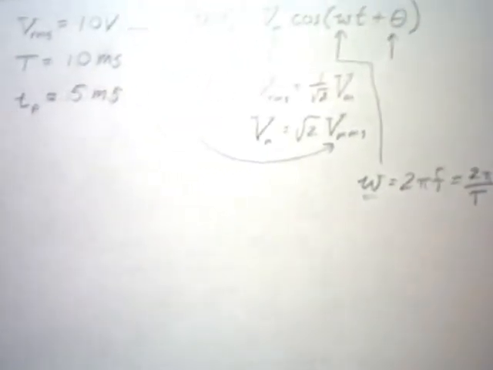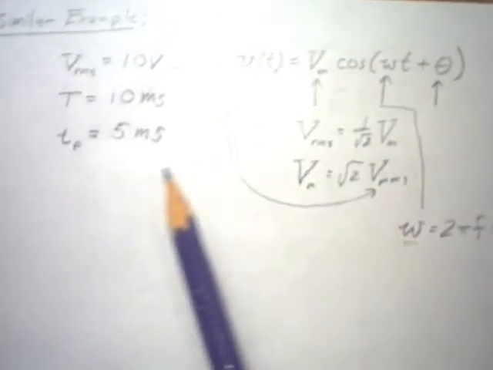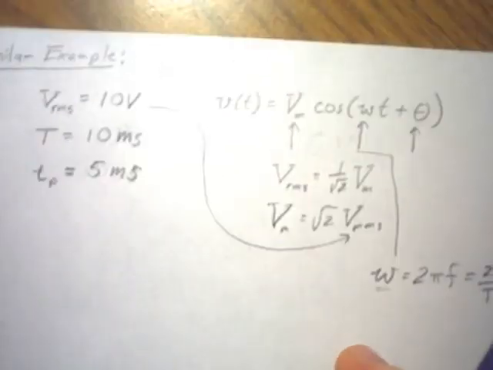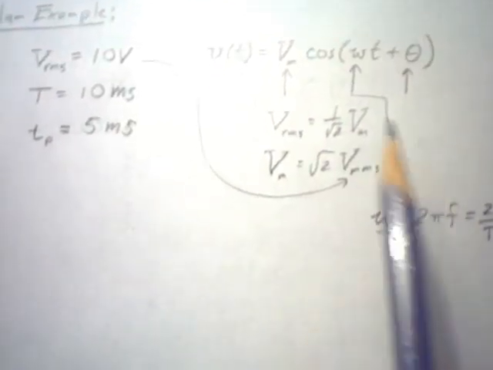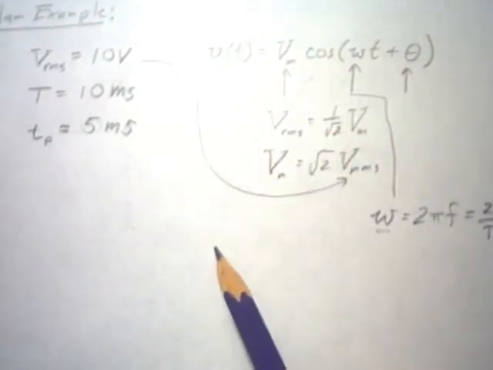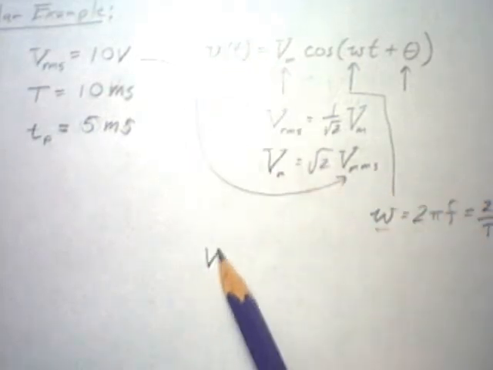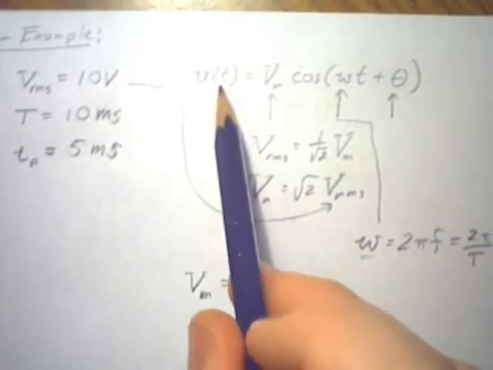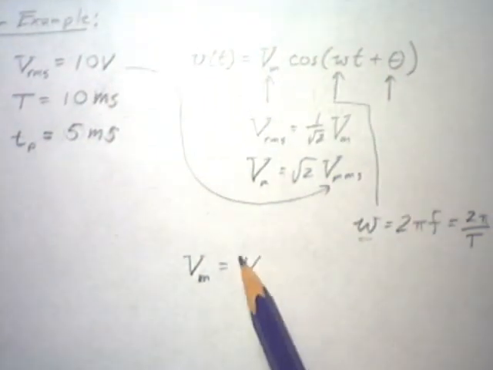So that goes fairly quickly. The longest part is dealing with how do you find the phase based on this time for the first peak. This is similar to the example I showed in the other video, in which you say that if you have the peak value Vm, you're just plugging in T sub p throughout this.